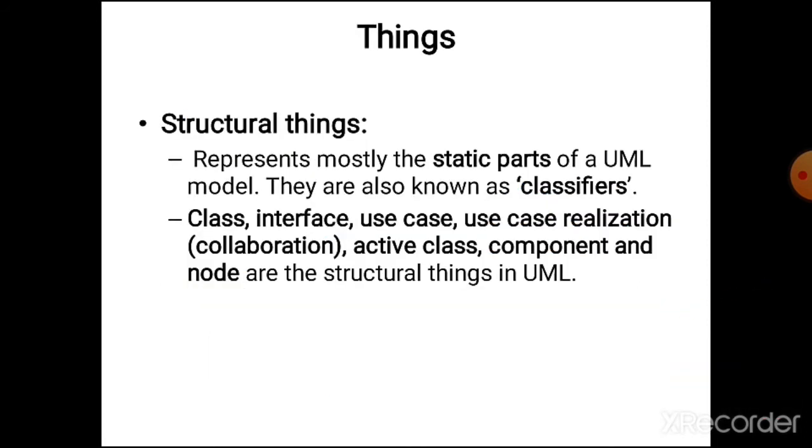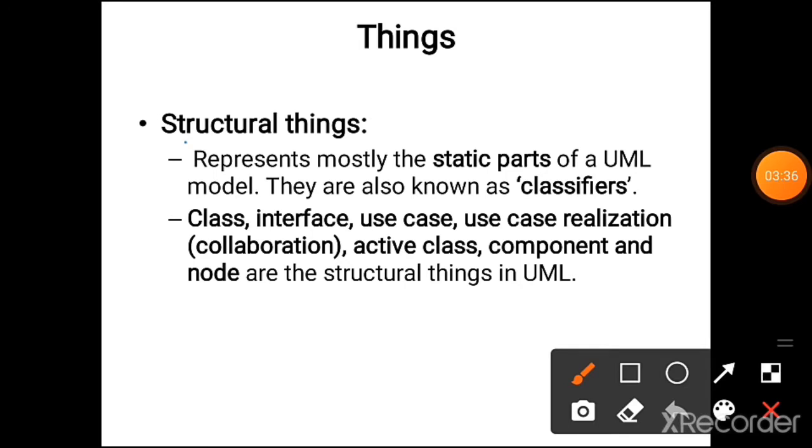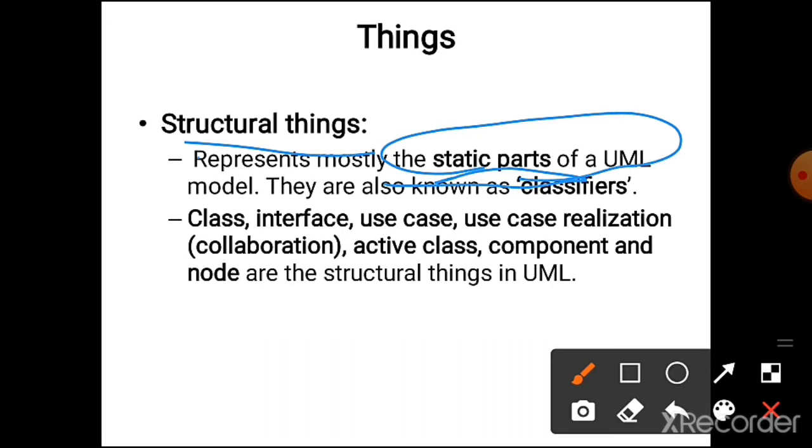First one is things. Things are again classified into different groups. First one is structural things. Structural things represent mostly the static part of the UML model. So the UML model's static part will be represented by the structural things. It is also known as classifiers.